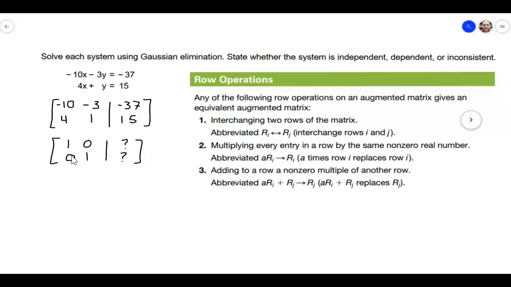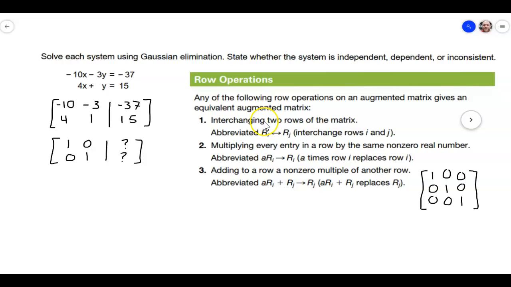Let me show you what one looks like for a 3 by 3. It would be 1, 1, 1 down the middle, and then 0 in every other position. We're going to need to know how to do 3 by 3s soon, and this would solve for an x, a y, and a z, or some third variable.